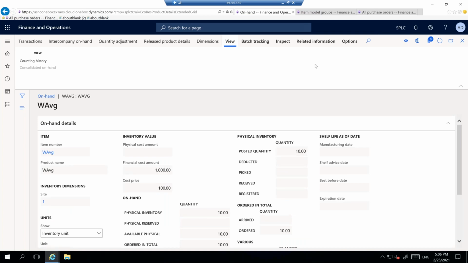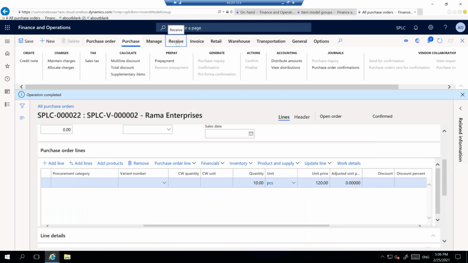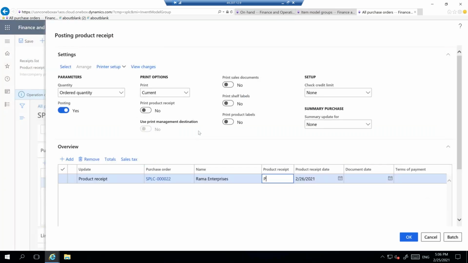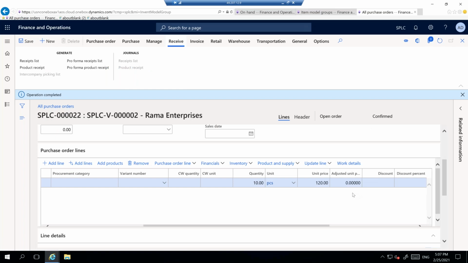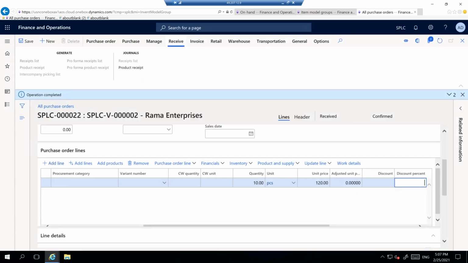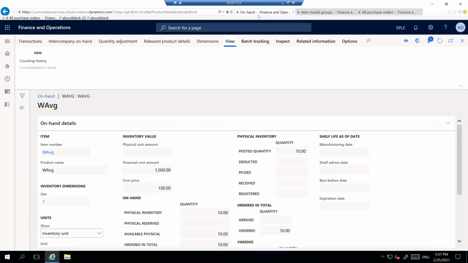Okay, now let me do product receipt. Now let us verify how on hand inventory is showing.